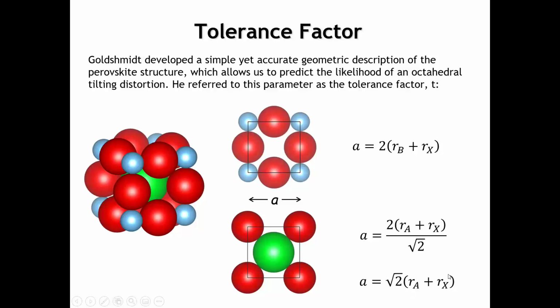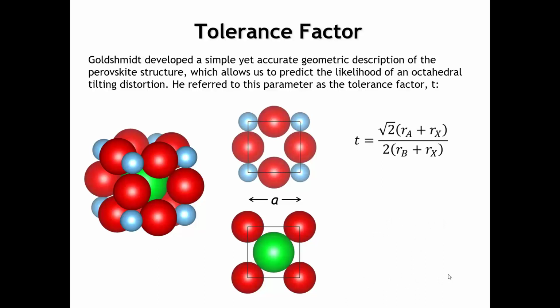Okay, so now we have two expressions for what the unit cell edge should be, and we can use those to calculate the tolerance factor. So Goldschmidt's idea was to say the tolerance factor is the unit cell that's optimal for the larger A cation, that's the numerator, divided by the unit cell parameter, a, that's optimal for the smaller octahedral cation, B. We can, once again, simplify this equation just a little bit, and we're just left with the square root of 2 in the denominator.